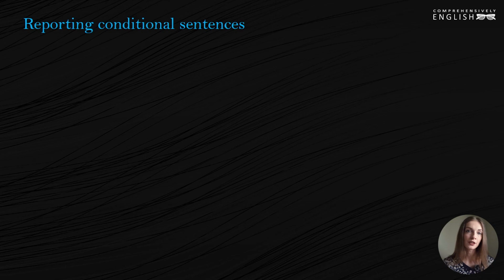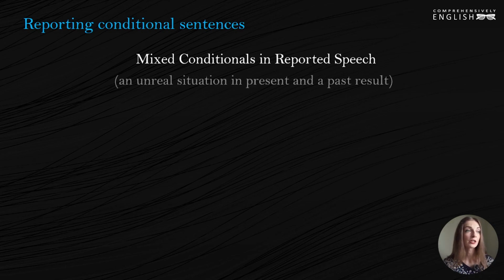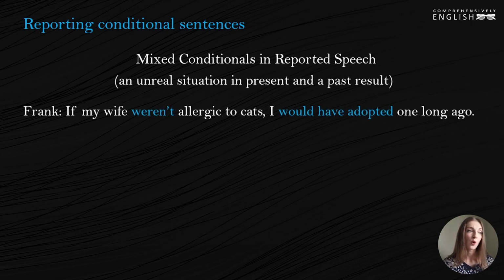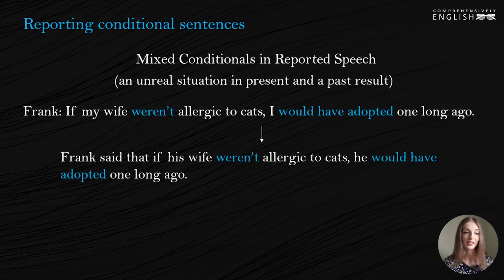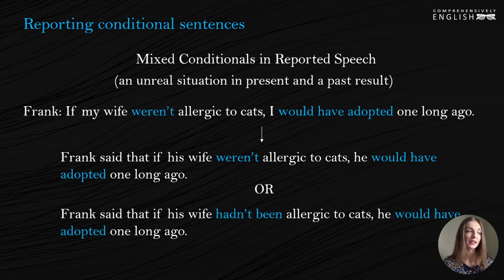Now we have a different type of mixed conditionals, which is an unreal situation in present and a past result. Frank, if my wife weren't allergic to cats, I would have adopted one long ago. Frank said that if his wife weren't allergic to cats, he would have adopted one long ago. Or Frank said that if his wife hadn't been allergic to cats, he would have adopted one long ago.